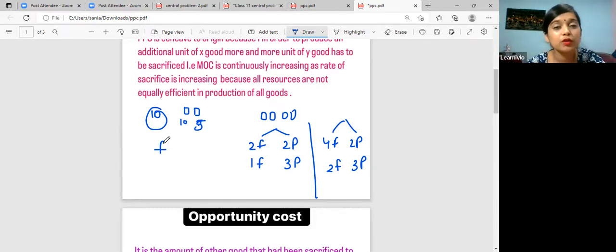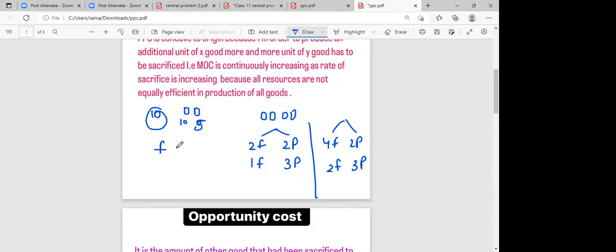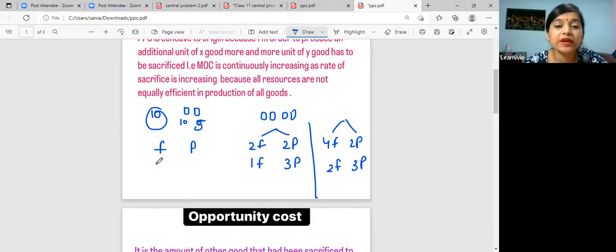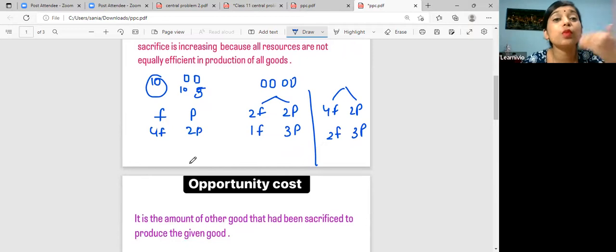But in case you want to produce a pencil, it will take less wood, right? So if earlier the ratio was 4 furniture and 2 pens, now you want to produce 1 more pen.